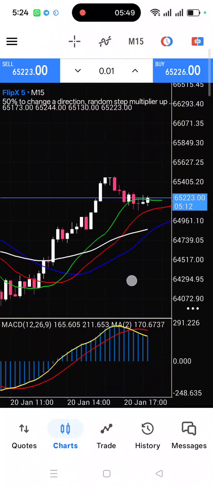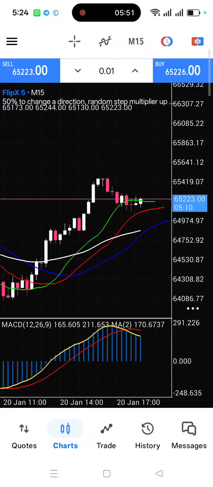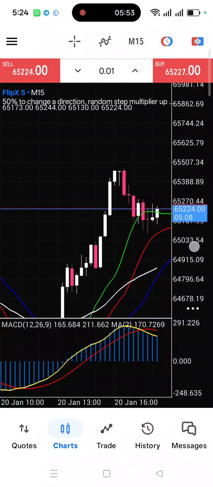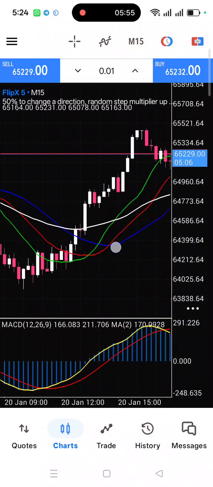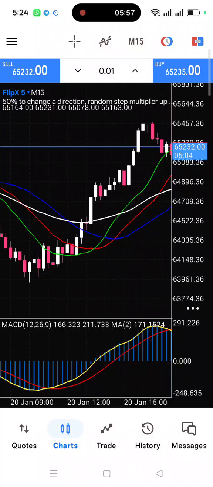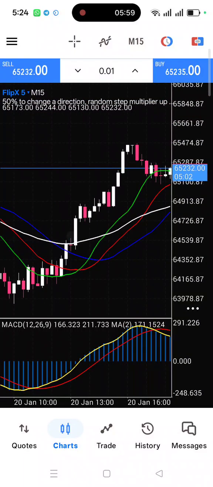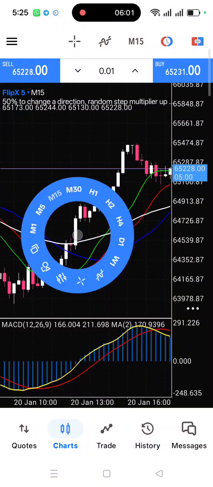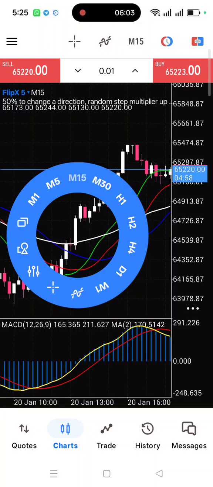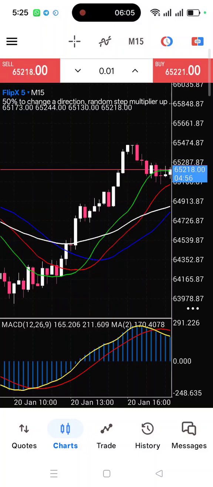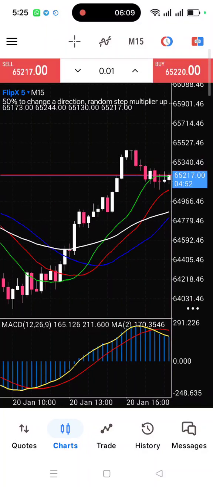So for this particular signal, what you want to do is, first, this market has crossed like this. You can see it crossed the moving average and also the alligator, and this was a pullback. This red candle here is the pullback. Then after the pullback, you now have these first two candles.